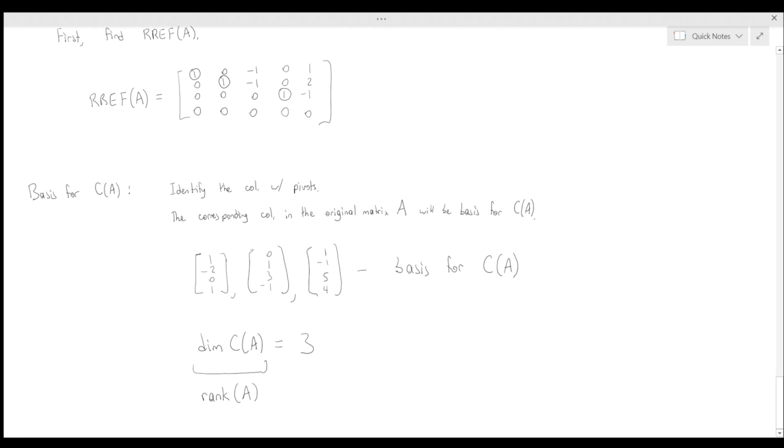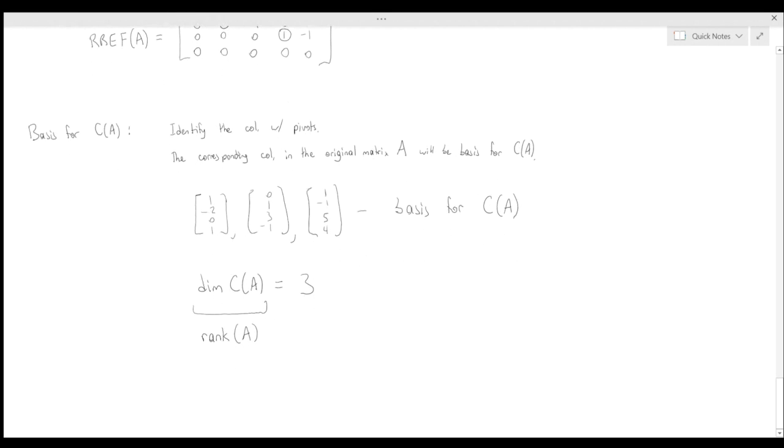And because you get a basis vector from each pivot, you can think of the rank of A as also being equal to the number of pivots. So rank is the number of pivots. It's also the dimension of the column space. Okay.